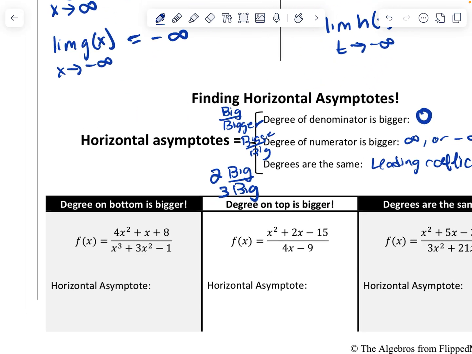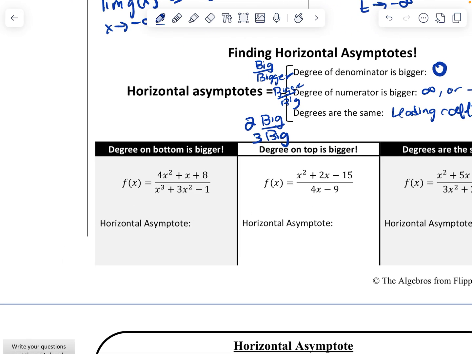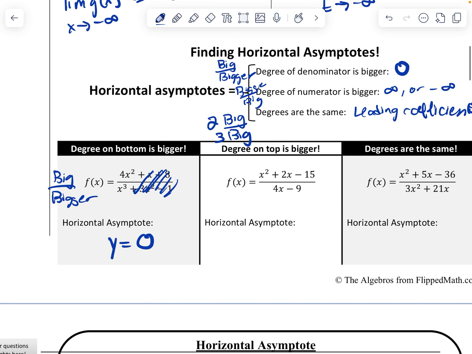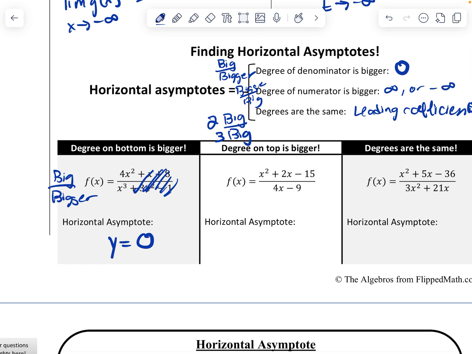So if we take a look at this, the degree is bigger on the bottom, so the rest of this stuff doesn't matter. It's like a big over a bigger, so it's going to go to y equals 0. This one, the degree is bigger on top.